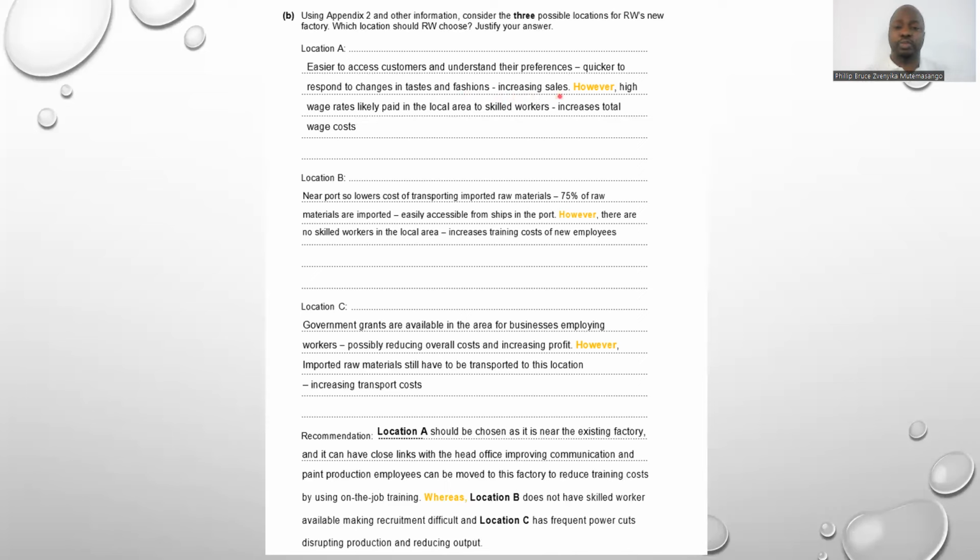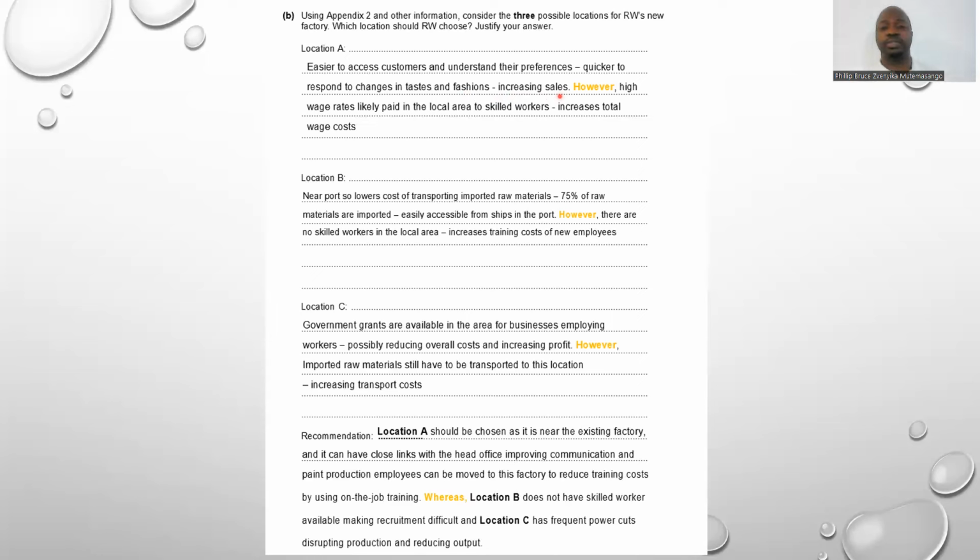So they may now be able to respond quickly to any change in customers' tastes and fashions. If they can do that, it's a benefit to them because their sales are going to increase thereafter. So this is a clear analysis.